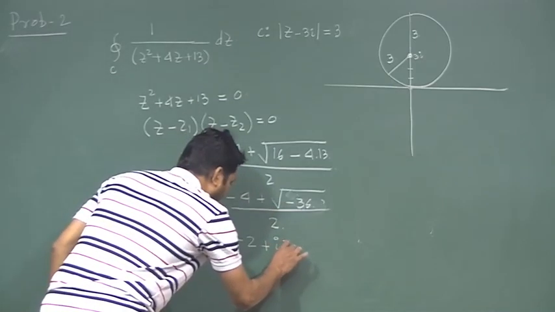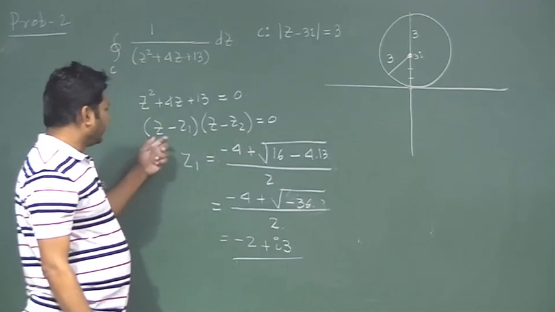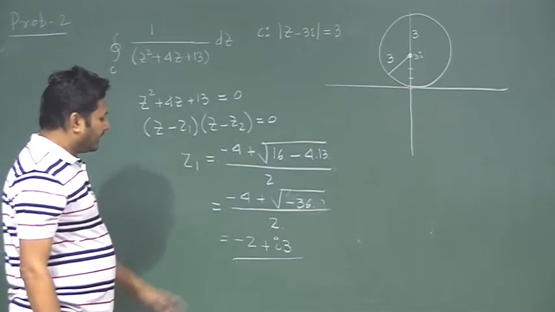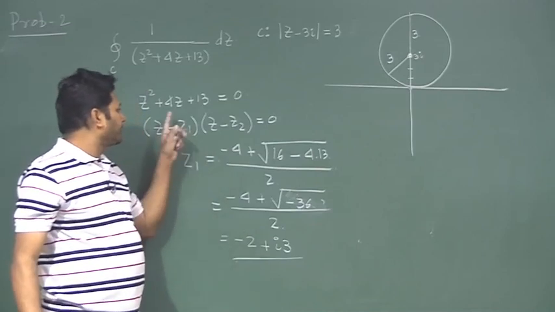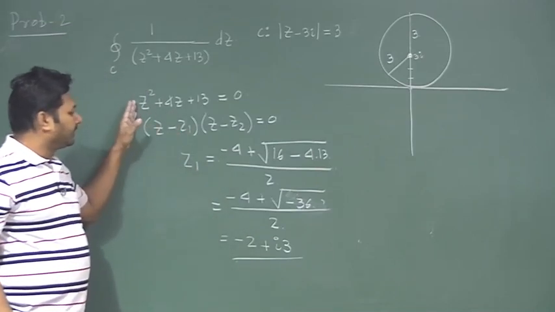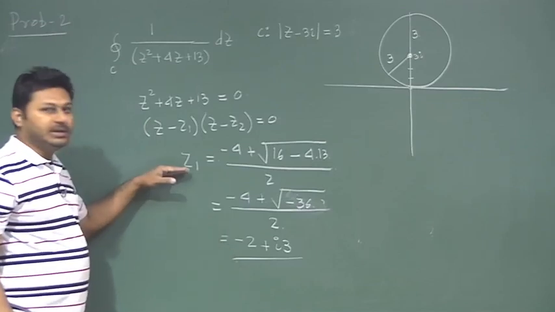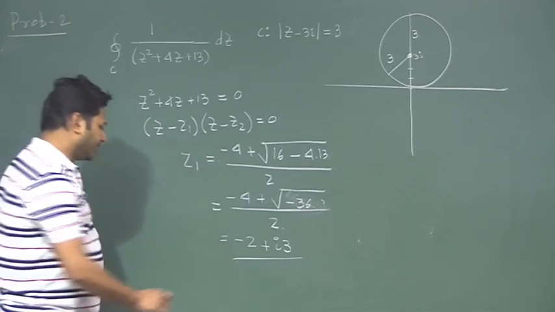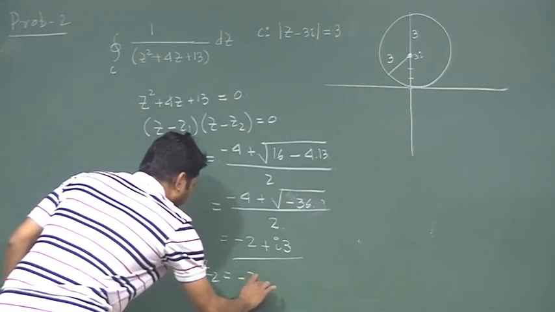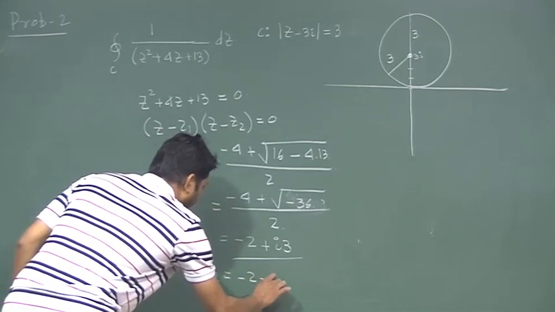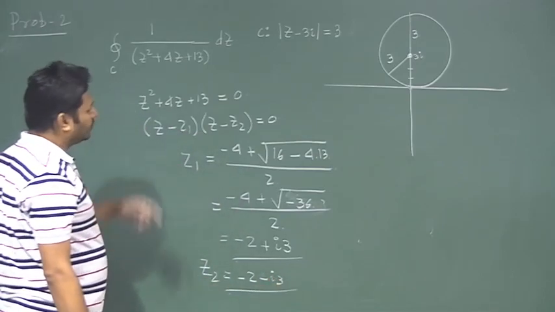So, it will be minus 2 plus i3, z1 is minus 2 plus i3. We know that if we have a complex root of a quadratic equation, then if one root is this, the other root must be its complex conjugate. So, z2, I am not going to evaluate that, is minus 2 minus i3.